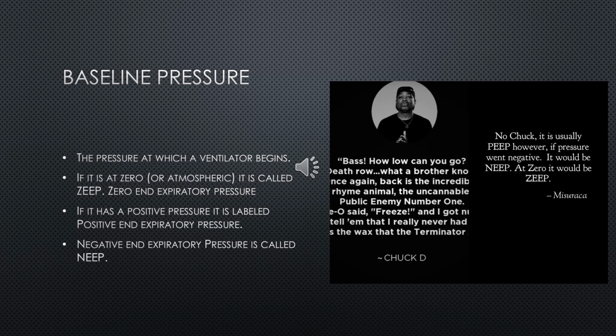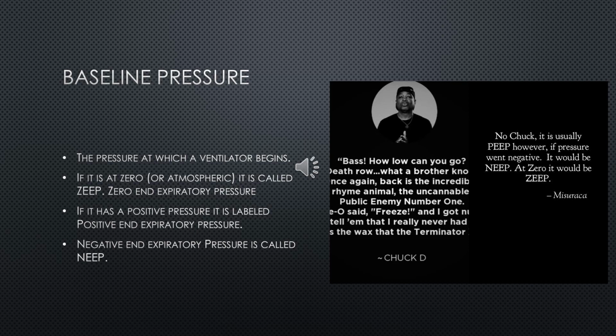Baseline pressure is just PEEP. When you set PEEP on a ventilator, that is what the baseline pressure is going to be. If you had an ET tube that was disconnected from a ventilator, there's no ability for the patient to maintain PEEP because it's open, so that PEEP would be 0, or ZEEP, zero end expiratory pressure. If the positive pressure is labeled positive end expiratory pressure on the ventilator, you'll hear PEEP.